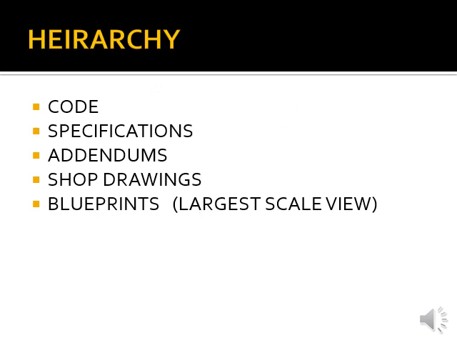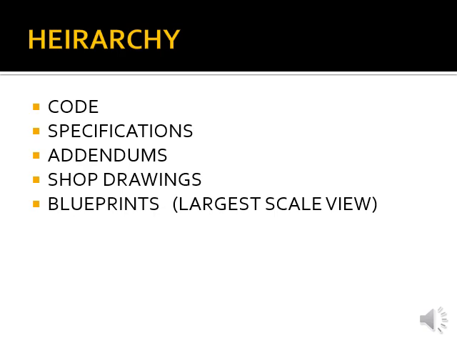So you have drawings and you have specifications. What happens if there's something that conflicts between them? In that case, we have to know the hierarchy of which one takes precedence. So in order of what you follow, right at the very top is your code. If it was electrical, it's your electrical code.